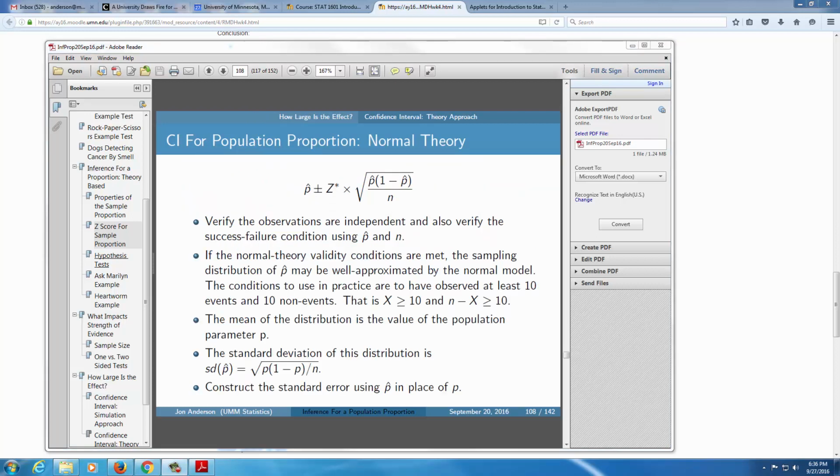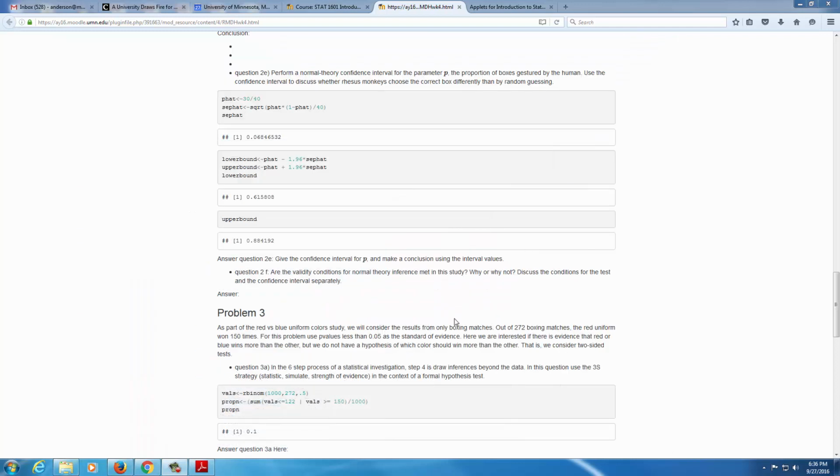And the conditions for a normal theory confidence interval are that the observed number of events has to be greater than or equal to 10, and the observed number of non-events also has to be greater than or equal to 10. So make sure that those conditions are met for this study. For a test, check those conditions, and for an interval, check those conditions.